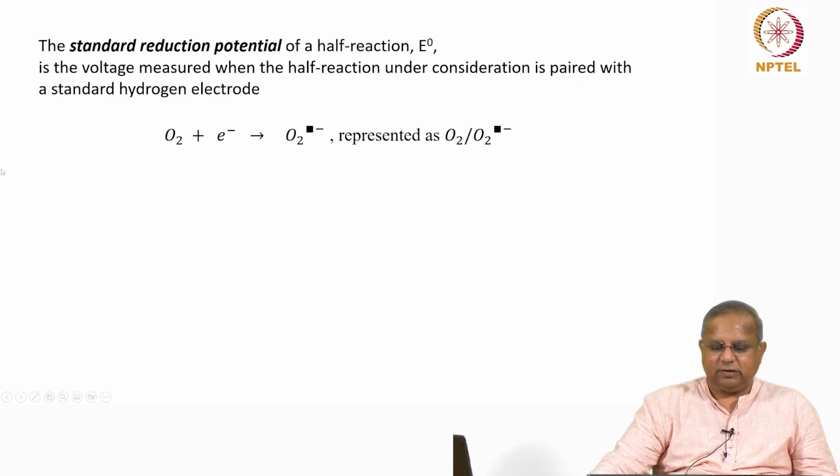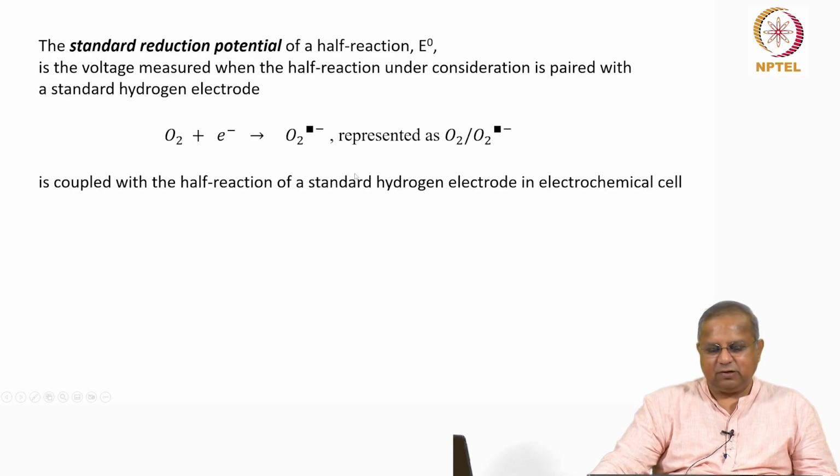Another terminology, again with the same reaction, oxygen getting reduced to superoxide: oxygen plus an electron giving you superoxide. It is represented as this species slash this species. What does that mean?